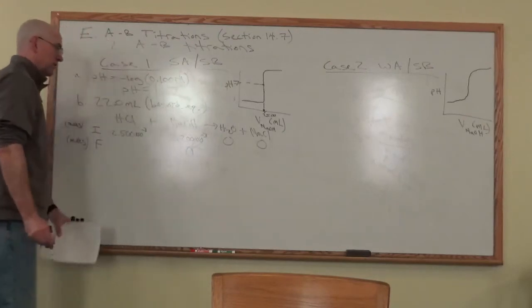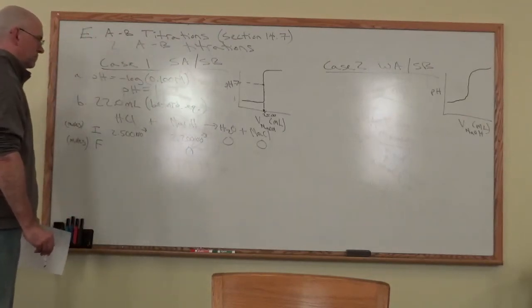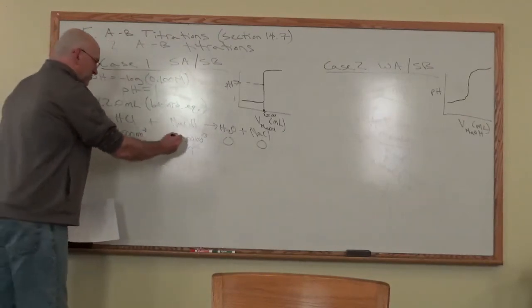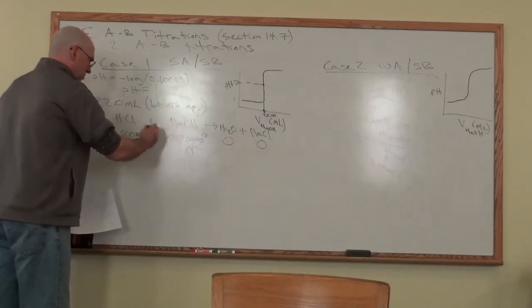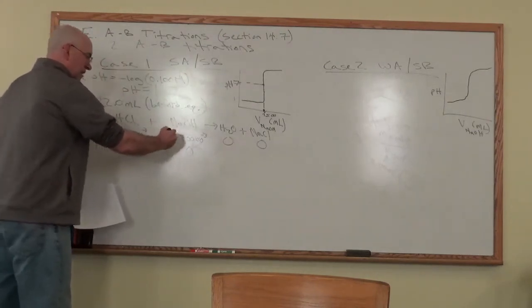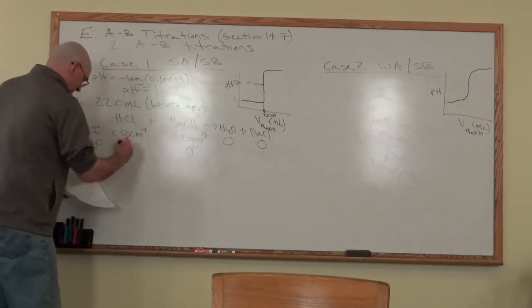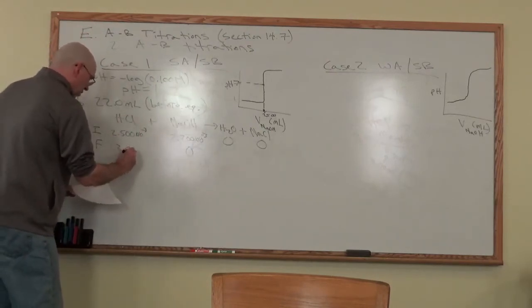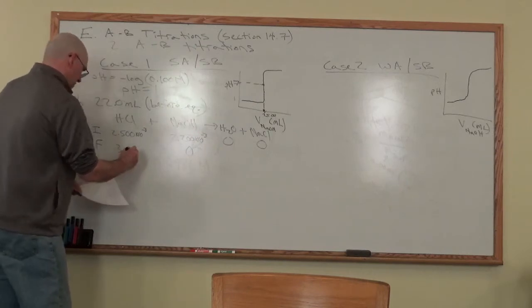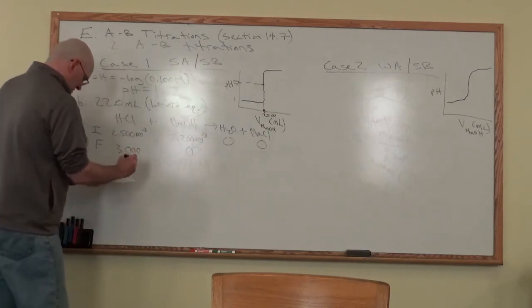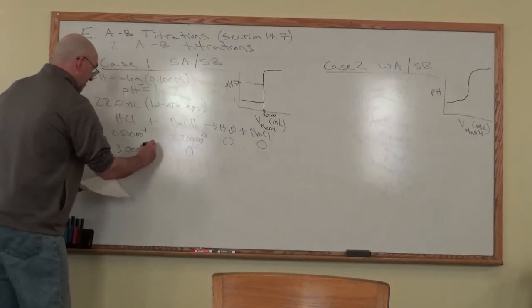All that's going to be gone. All you have to do is subtract these two, because if all of that's gone, the number of moles of HCl left is going to be this minus this, and you can double check. It's 3.00 times 10 to the minus fourth mole.